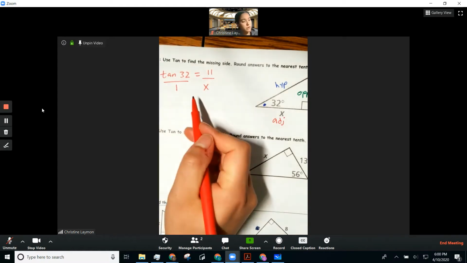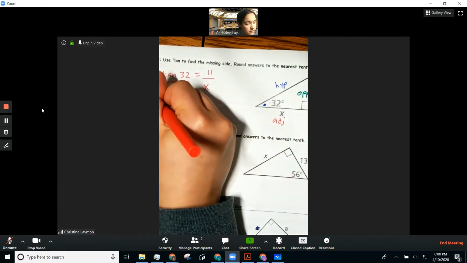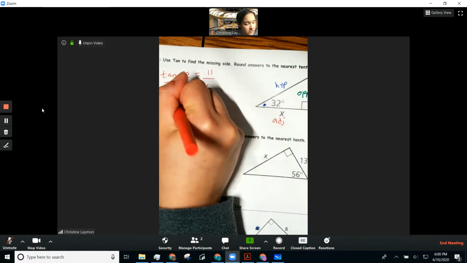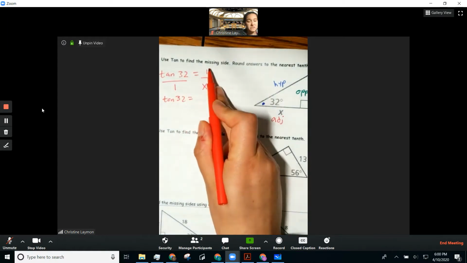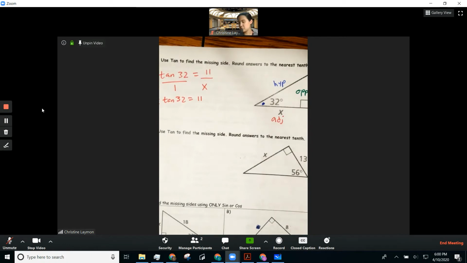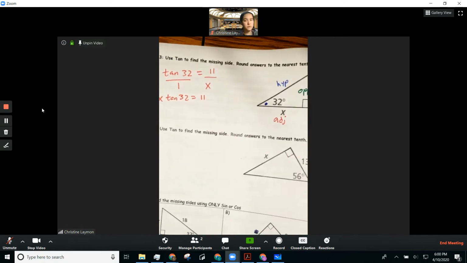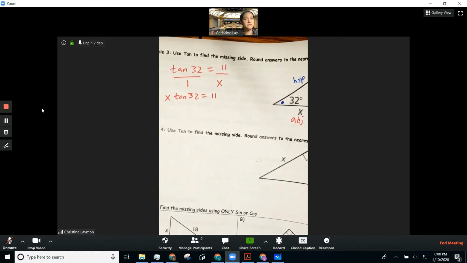So as I come across here, I have x times tangent of 32. So x tan 32. And I go across this way, 1 times 11 to get me 11. So x tan 32 equals 11. Oops, let me go ahead and shift this over. There we go. I'm going to go ahead now and divide both sides by the tangent of 32.